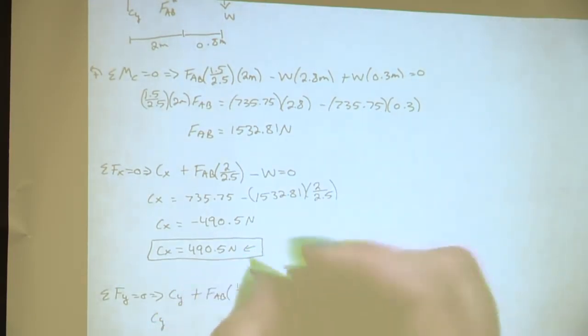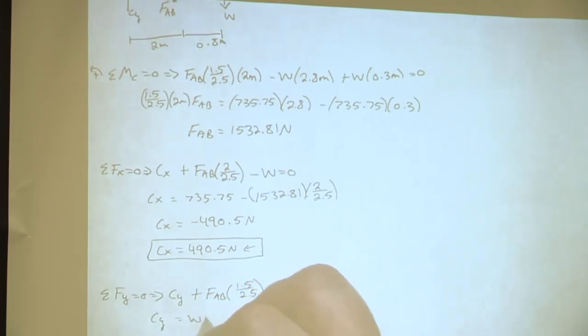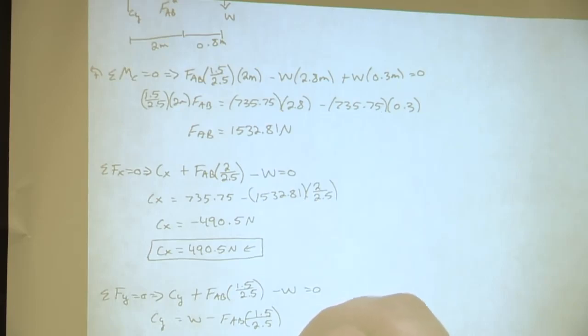Okay, so if we try to solve for CY, it would be W minus FAB, 1.5 over 2.5. W is 735.75 minus 1532.81, times 1.5 over 2.5. Negative 183.936. What did you get? 183.94? Negative 183.936.